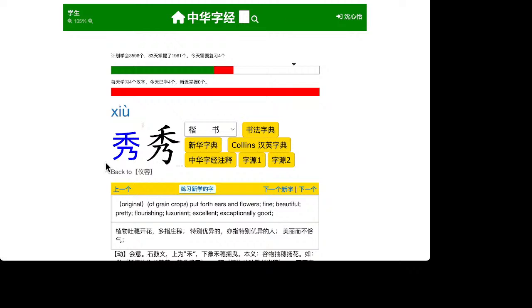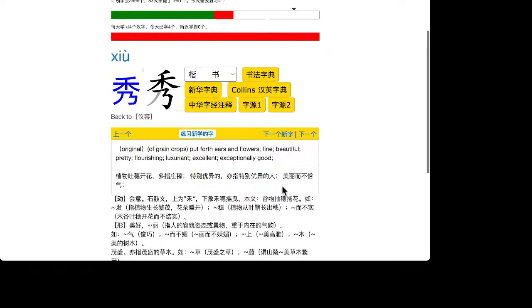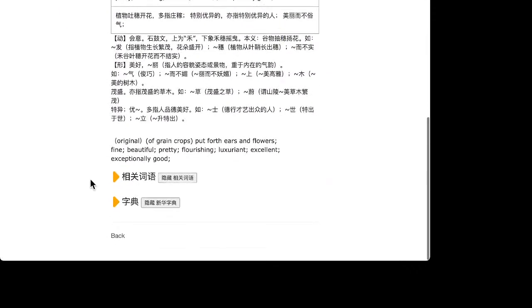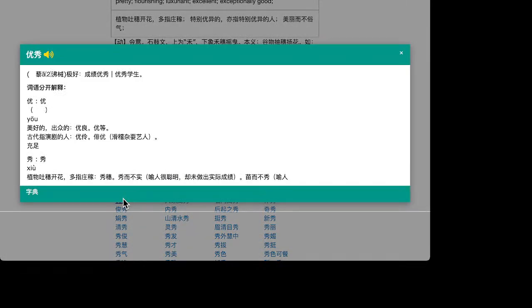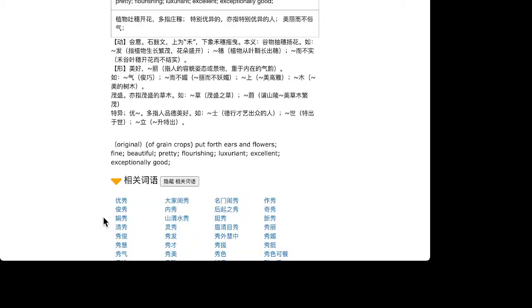I guess these are associations you get when your grain crops are growing well. You feel that they're so beautiful and luxuriant and flourishing. So, 秀. You'll see this in 优秀, a very common word for excellent. Use this when you're complimenting people.